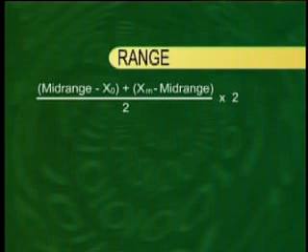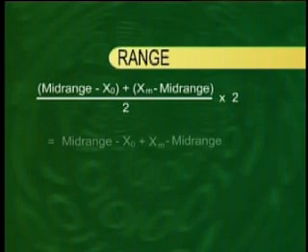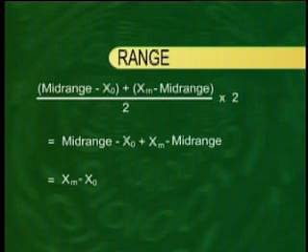That is, the range is equal to mid-range minus x naught plus xm minus mid-range over 2, and this whole quantity multiplied by 2. And solving this expression, it will come out to be xm minus x naught, exactly the same definition which I gave you earlier.